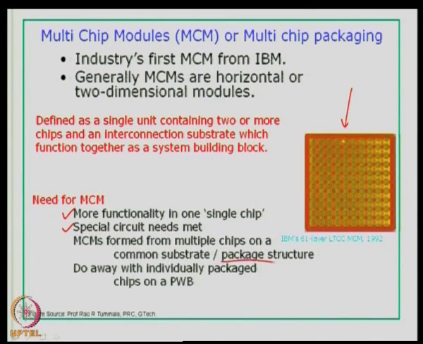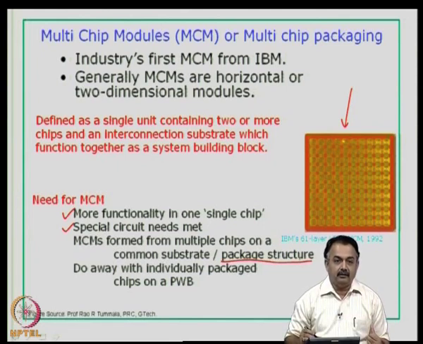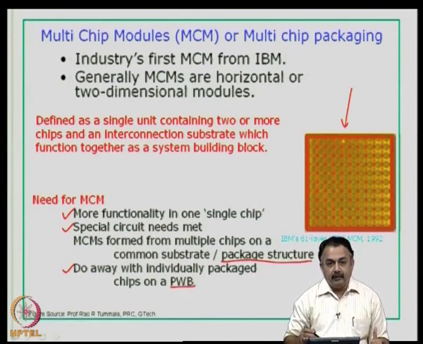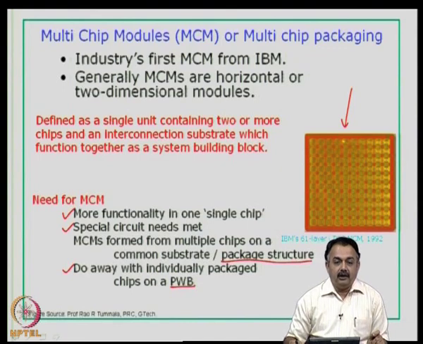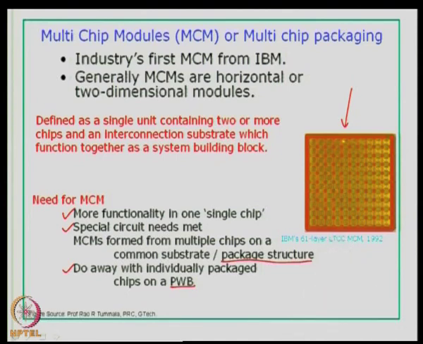So, it is important to create a package structure or a package substrate that can handle these interconnections, because basically you are going to do fan out of the IOs from the die on the substrate. You can also do away with individually packaged chips on a printed wiring board, because if you look at this scenario, as I mentioned earlier, individually packaged chips mounted on a printed wiring board is going to occupy a lot of space. So, at the chip level, at the package level, you are trying to integrate.